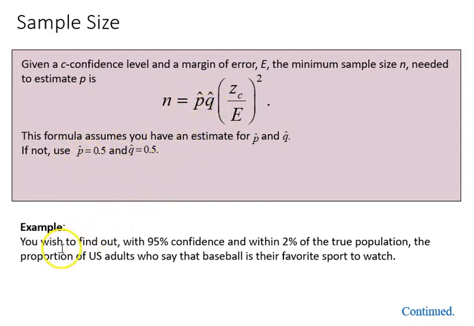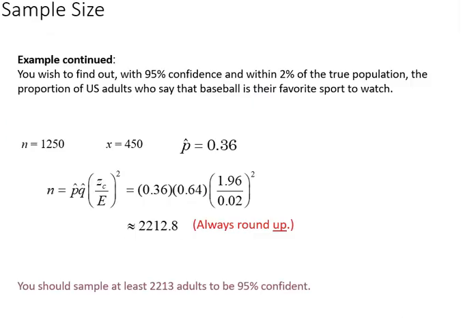So for example, if we want to find out at a 95% confidence level and within 2% of the true population proportion, the proportion of adults who say that baseball is their favorite sport to watch, we can come over here and plug in these numbers. We did have values for p and q, so 0.36 was p hat and q hat was the complement of that.